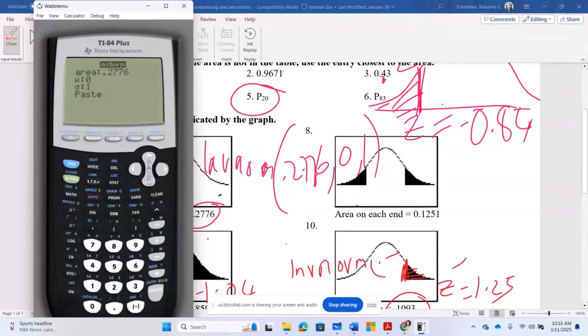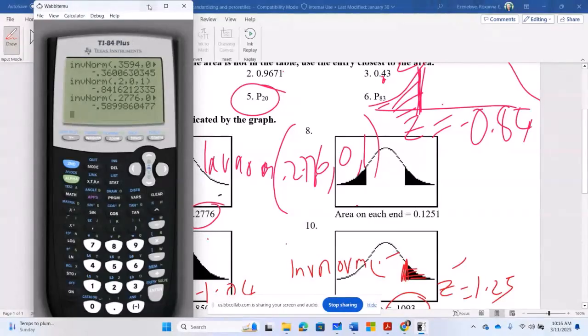You calculate, and then the z-score. I want to remind you again that we are looking for z-score. That is why some answers are negative, because the z-score is on the left-hand side of the mean. If it's on the right-hand side, then it is going to be positive.